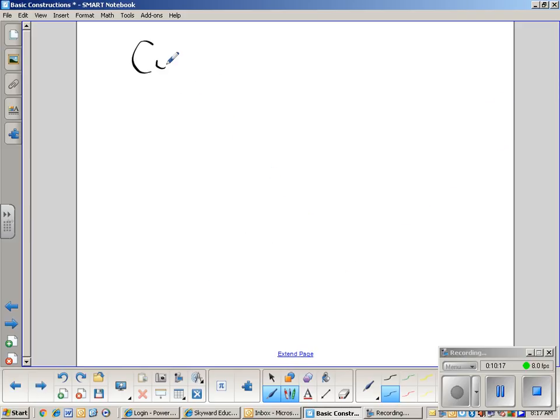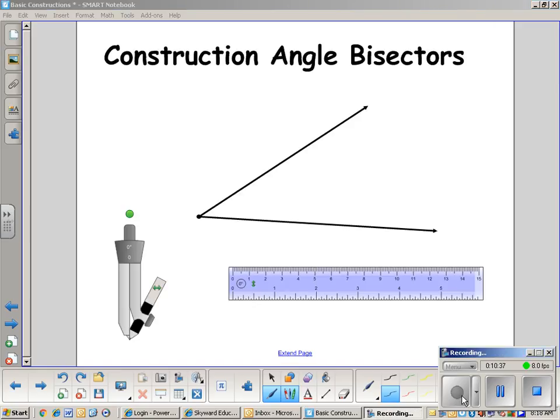Constructing an angle bisector. So constructing an angle bisector.